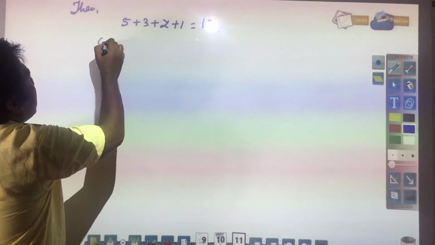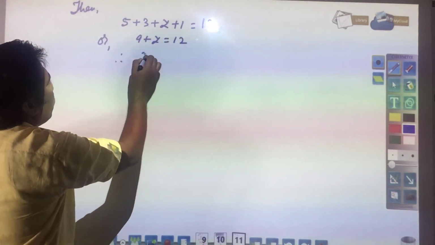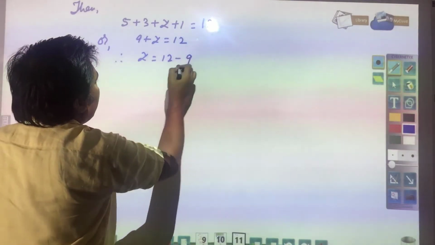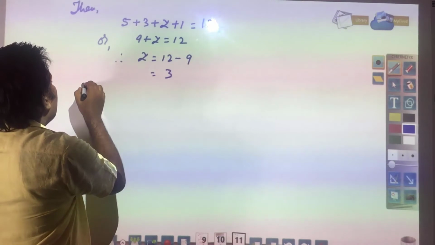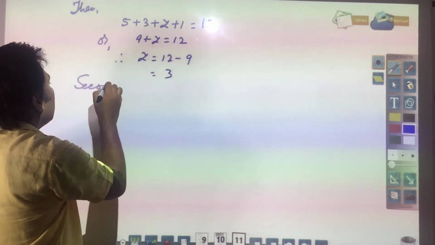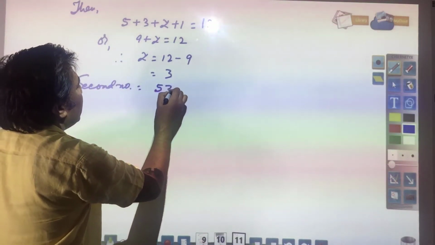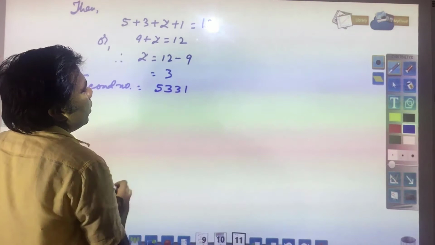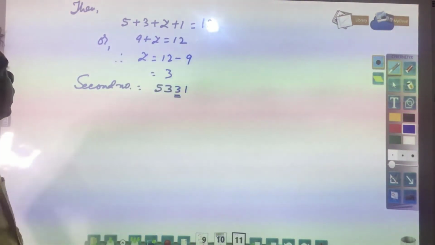So, here you see 9 plus y is equal to 12 and therefore, y will be equal to 12 minus 9, it means 3. So, the second number will be 5331. This 3 you have got, the value of y is equal to 3.